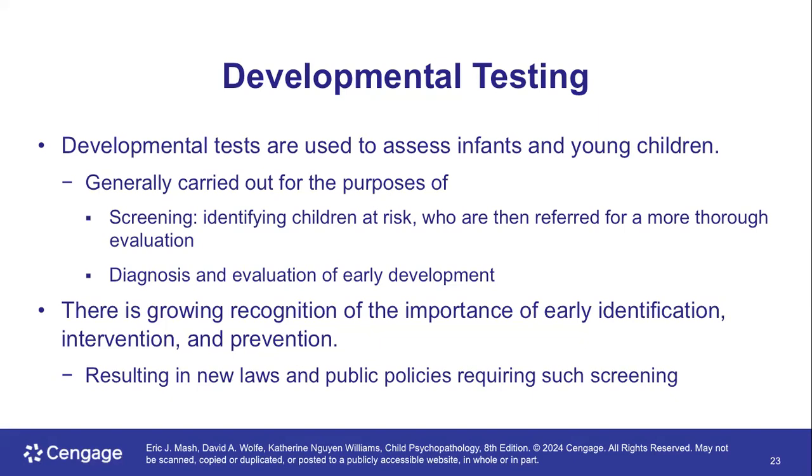Those are the recommendations of the American Academy of Pediatrics because we're trying to do early detection of individuals on the autism spectrum. And then if there is some kind of flag for potential autism, then you refer for a more thorough evaluation. And then you do the evaluation, and it might lead to a diagnosis, and that diagnosis is very, very important because it drives the treatment that the child gets.